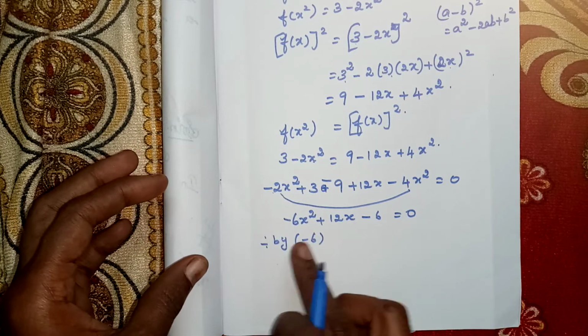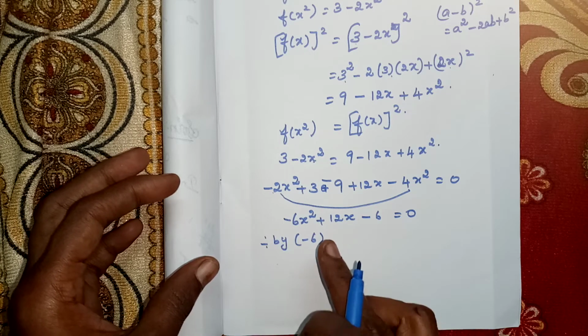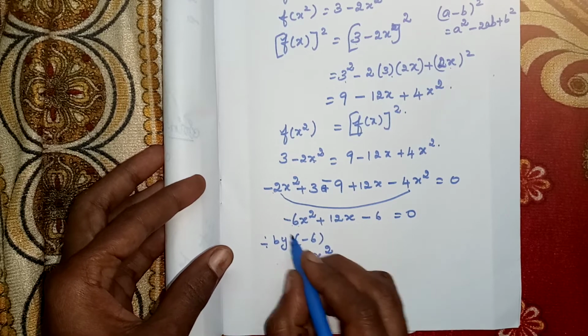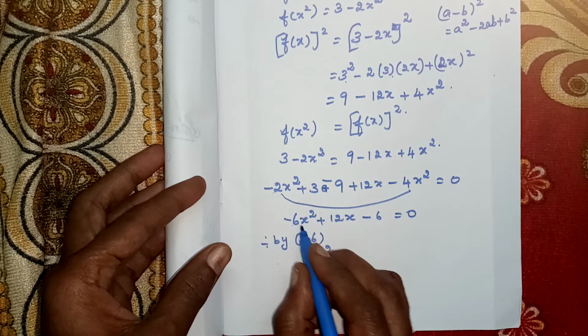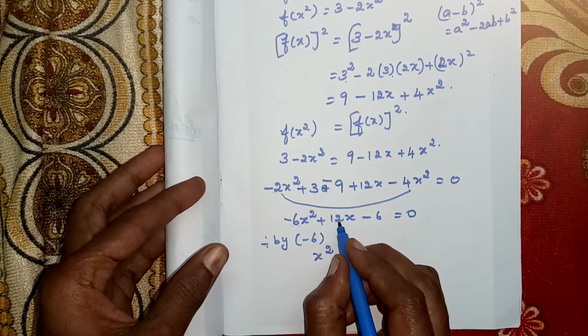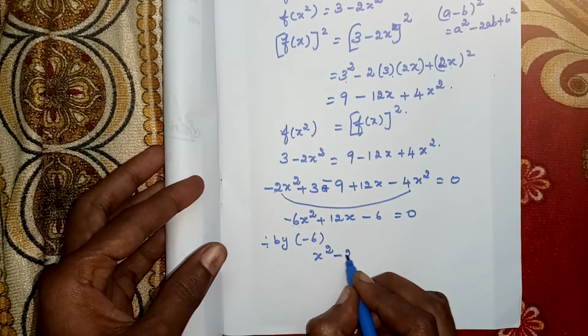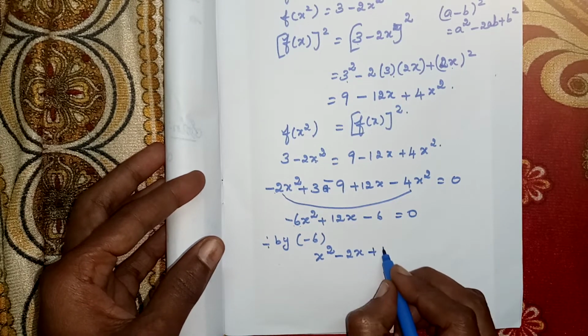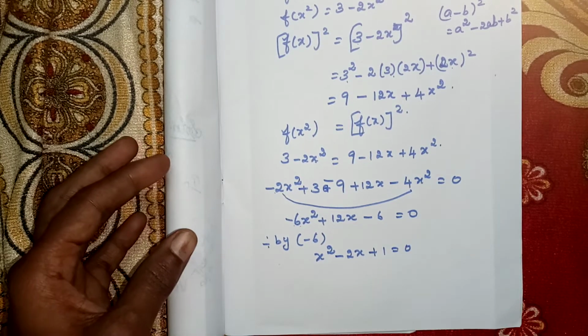Here the first term is negative, so I am dividing by minus 6. So this term: minus 6 by minus 6 means 1 x square. Next, 12 by minus 6 means minus 2x. Next, minus 6 by minus 6, plus 1 is equal to 0.